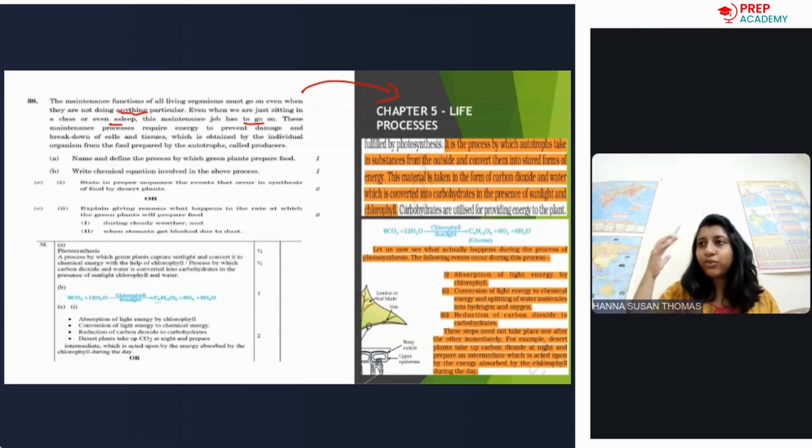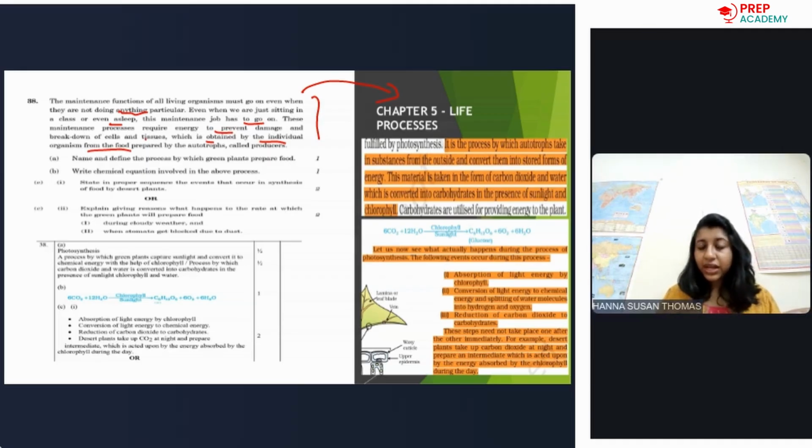From that paragraph, you have to identify from which chapter it's been asked and you have to write the answer. These maintenance processes require energy to prevent damage and breakdown of cells and tissues, which is obtained by the individual organism from the food prepared by the autotrophs or producers. So this is the paragraph given here.